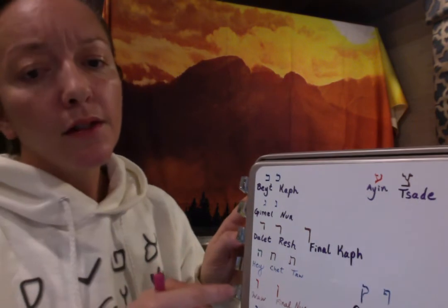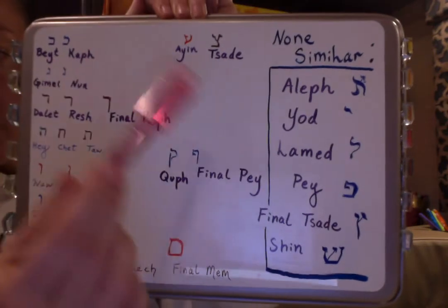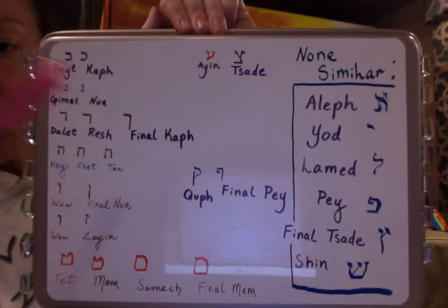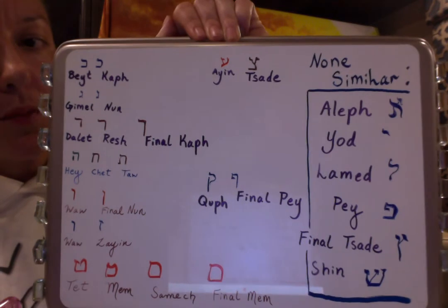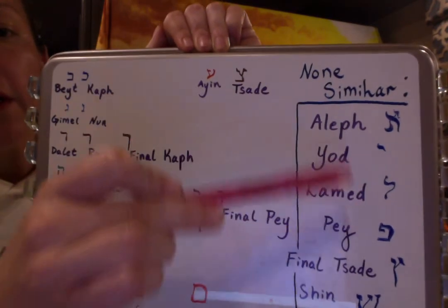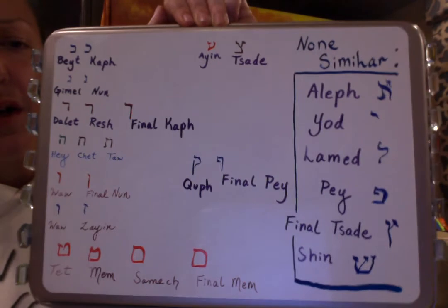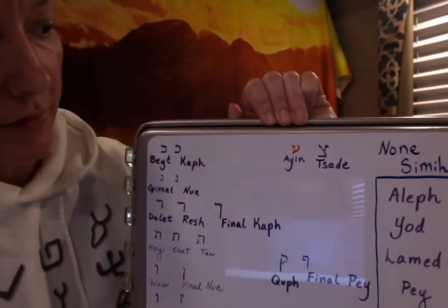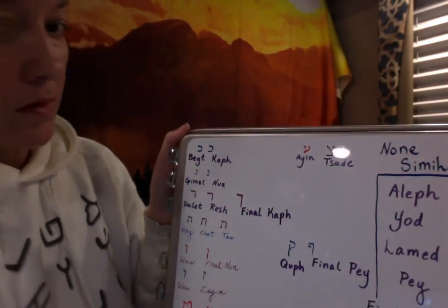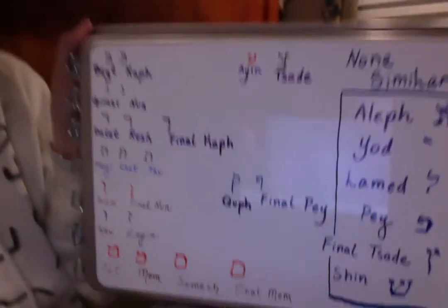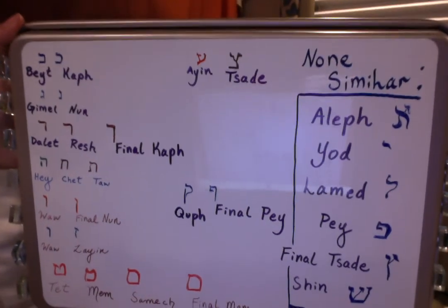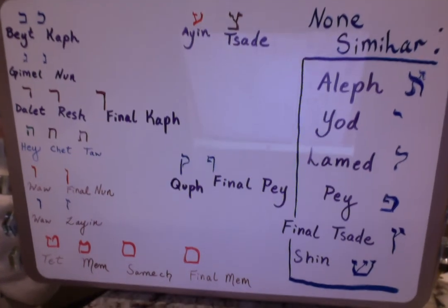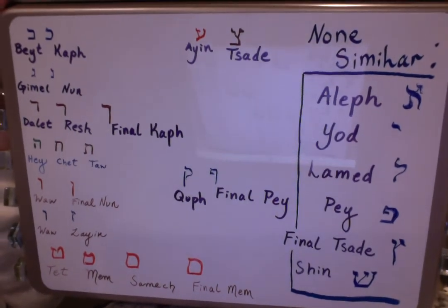Right here I have the list of the letter forms that are very similar to each other in modern Hebrew, and then over here I have the ones that are not really too easy to confuse because they pretty much stand alone in their imagery. So let me get the camera right for you guys to see it. And I'm sorry I don't have a better setup here, but I do my best with what I have.